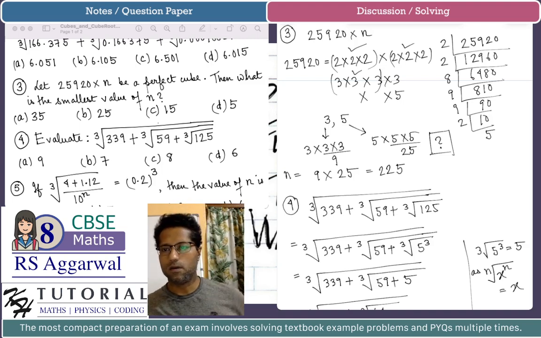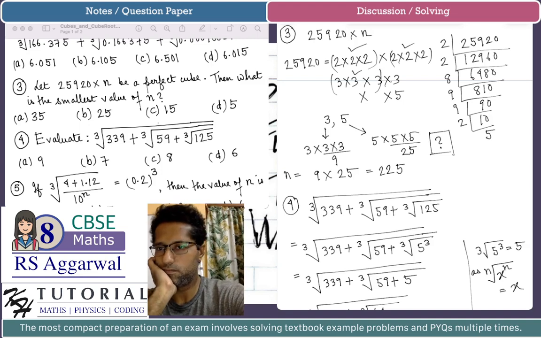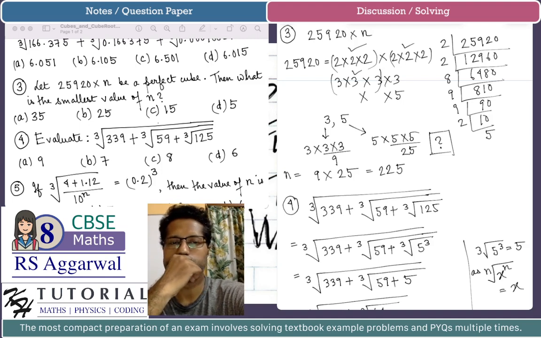It is asking the smallest value of n to be multiplied. Okay, so 6480 when divided by 8 gives 810, and 810 when divided by 9 gives 90. 90 divided by 9 gives 10, and 2 and 5.